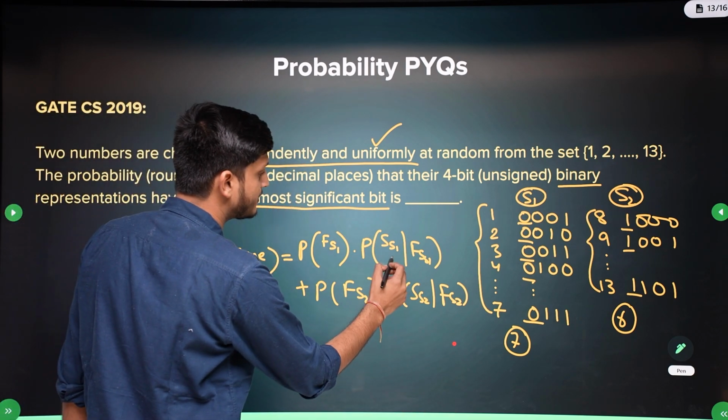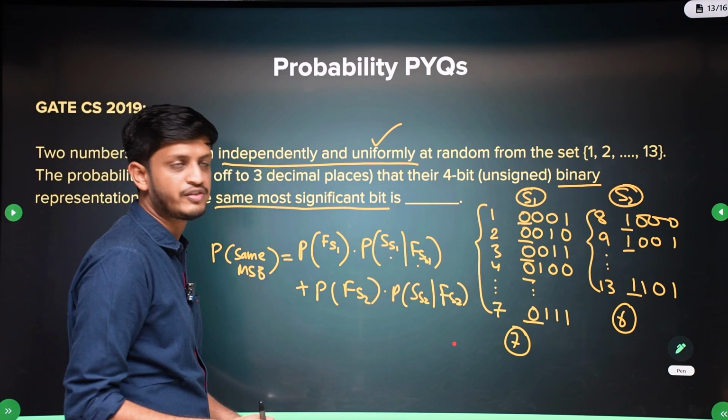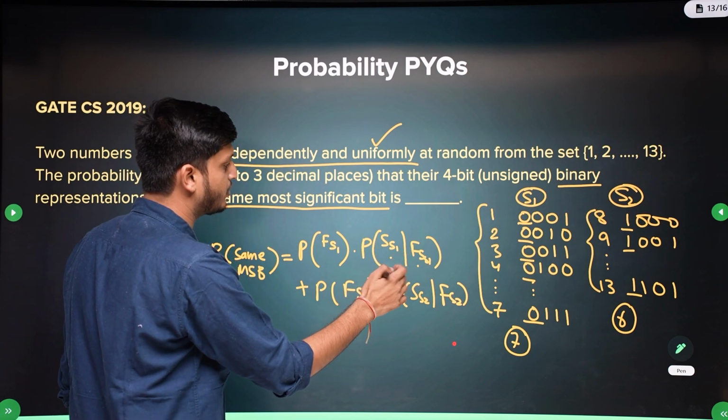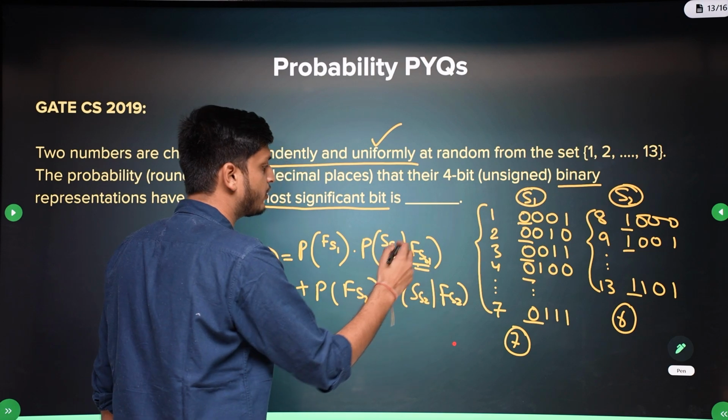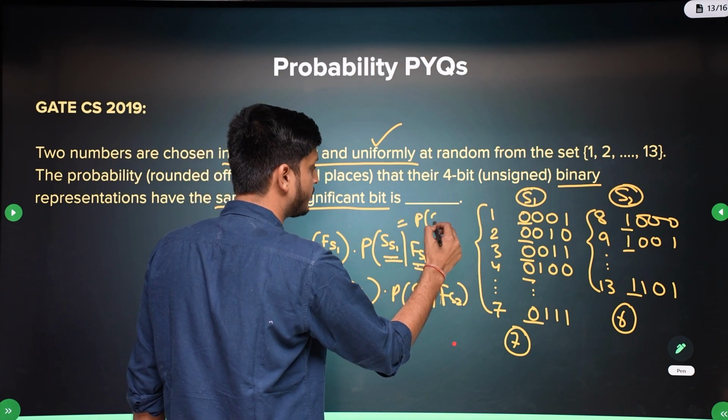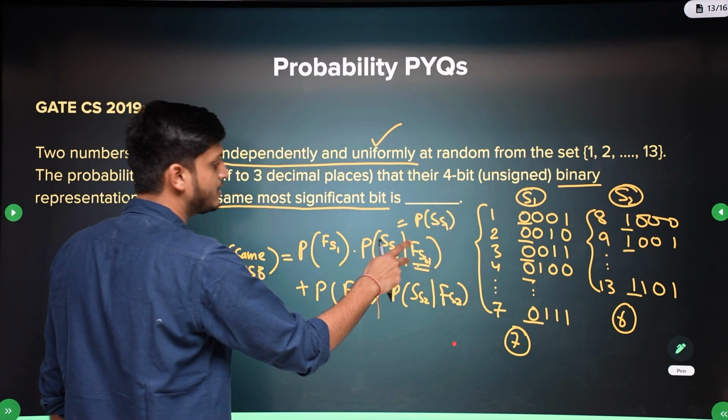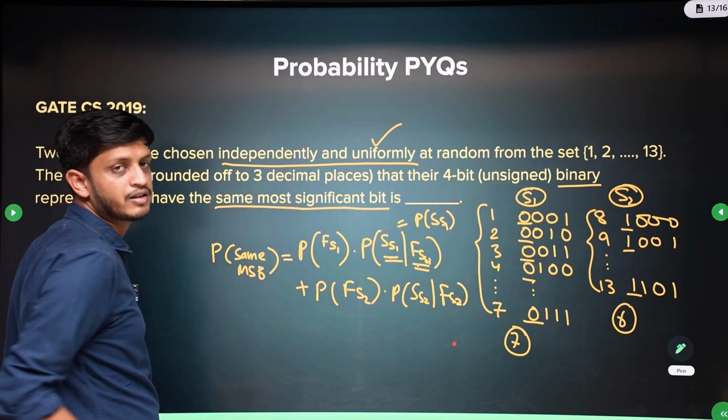Since the first and second numbers are independent of each other, this is very easy to calculate. The probability of the second number being from S1 given that the first is from S1 is nothing but the probability that the second number is from S1, since the events are independent.